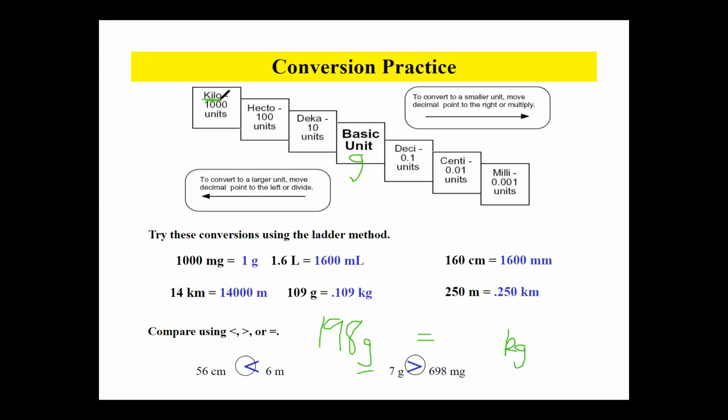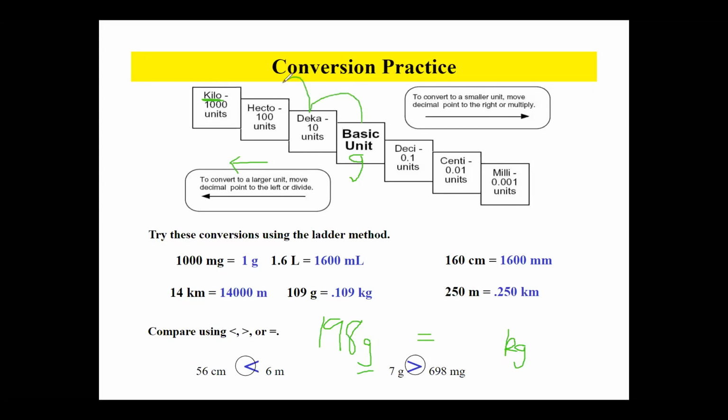Our kilograms are way over here. So we've got our starting point, we've got our ending point, and we know we're going to the left. So how many jumps does it take to move from grams to kilograms on our ladder? 3. 3, bingo.